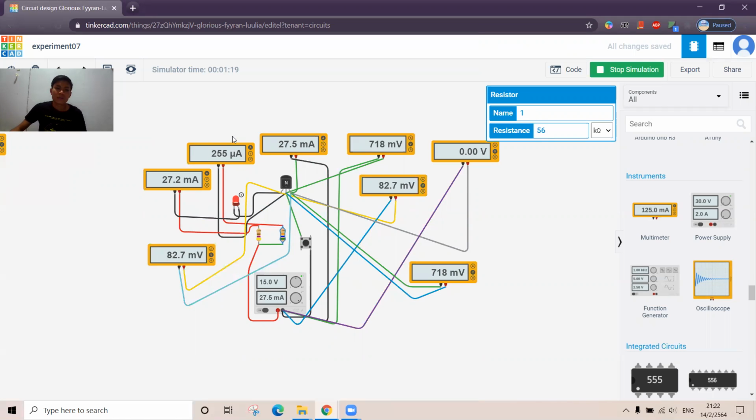The current passing through RB is 250 microamperes, and this is the current passing through the resistor RC, which reads 27.2 milliamperes.